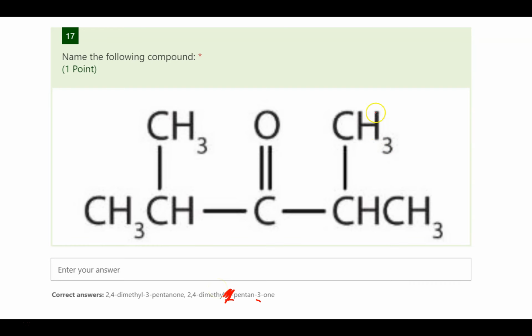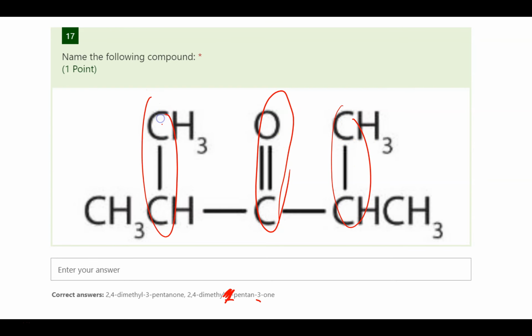Okay, so let's add it up. First off, we find our functional group. We've got a carbonyl group, and we've got 2 methyls. Everything else is single bonded. You can see that by checking, like this only has room for 1 H, which is right there. Same over here. And these are 3s. So we have a carbonyl group which is not on the terminal, and that makes it an -one.